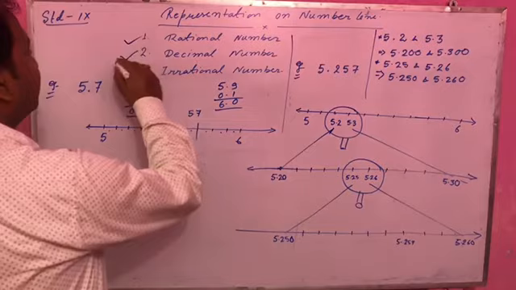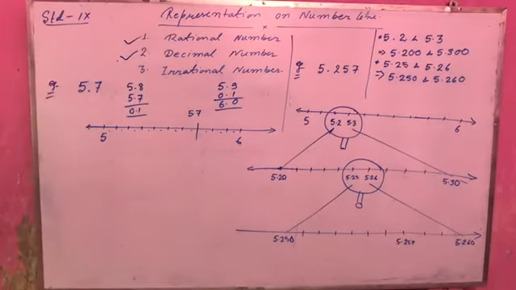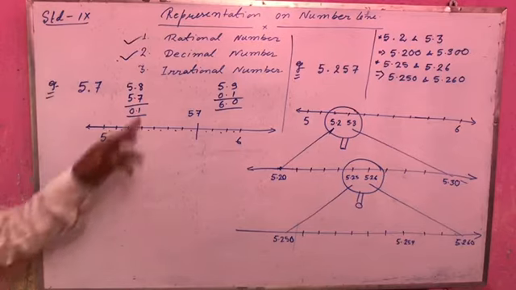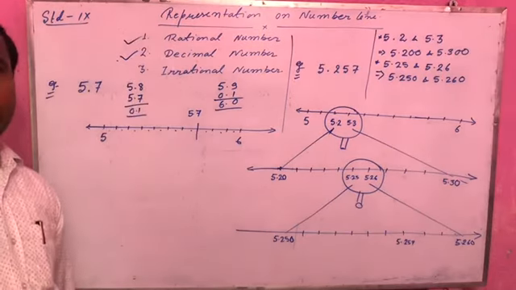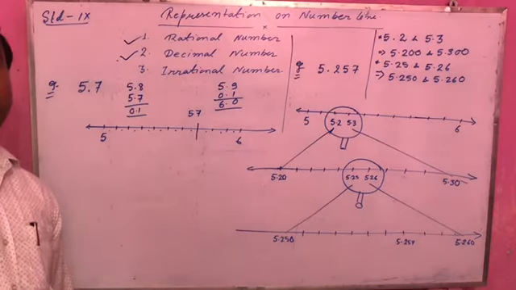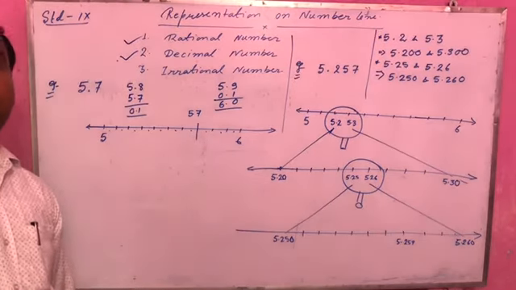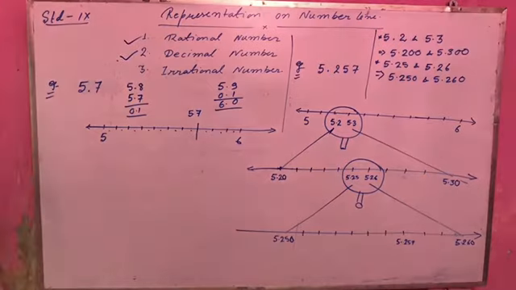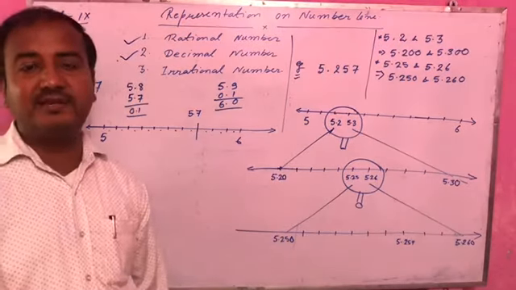Okay. Now another one is irrational. So before starting this, how to represent irrational on a number line, we will have to discuss in detail regarding irrational number.